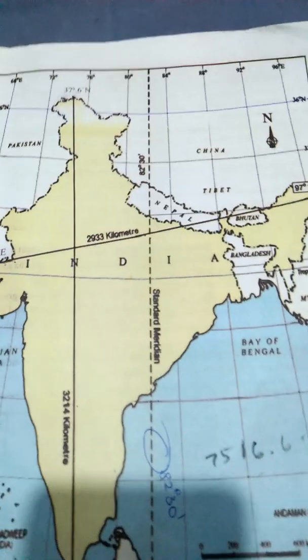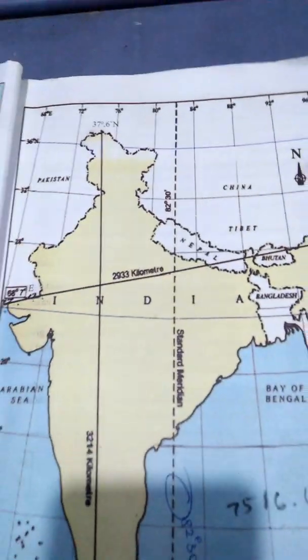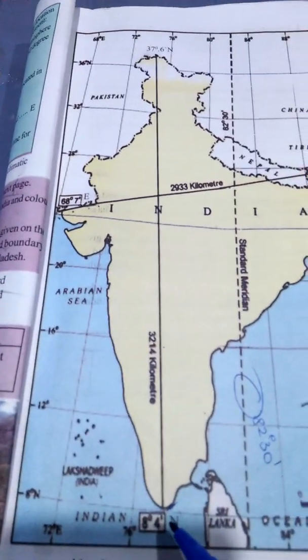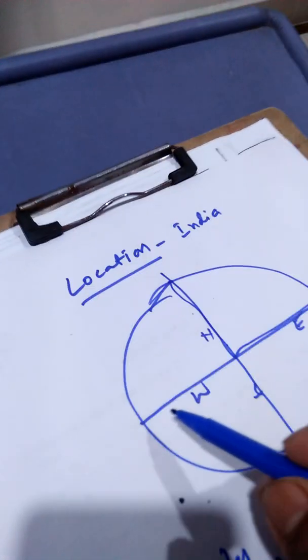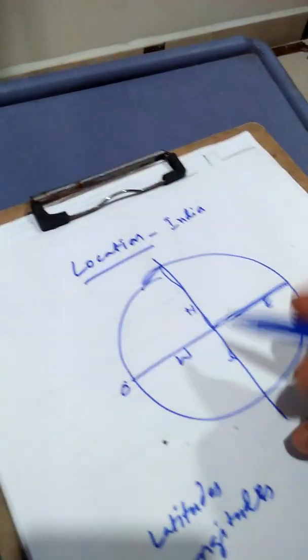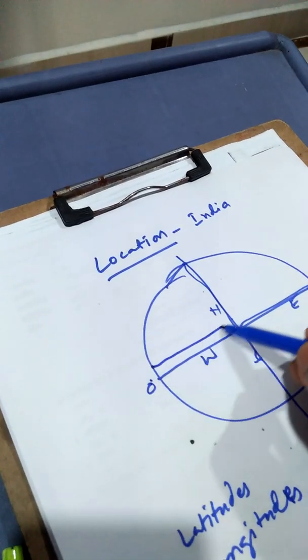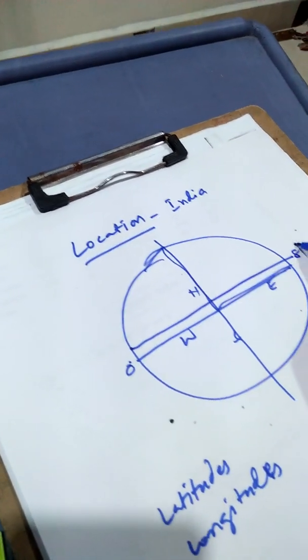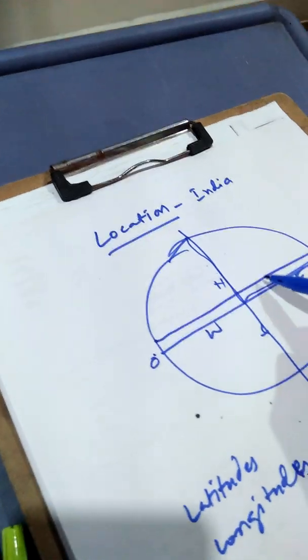See, this is India, totally in the north latitudes. You see, the southern part of India is 8 degree 4 minutes. This is the equator, 0 degree. So you take it as approximately 8 degree 4 minutes north latitude.